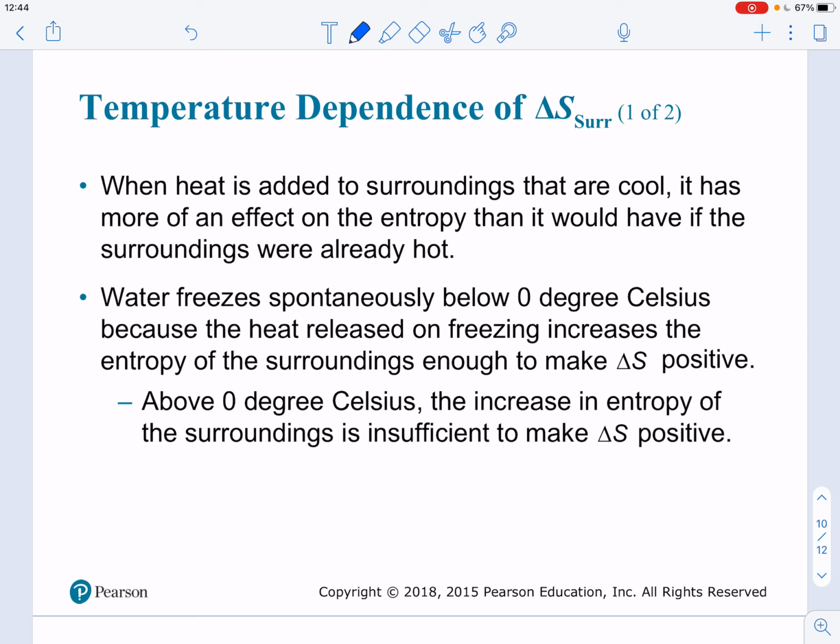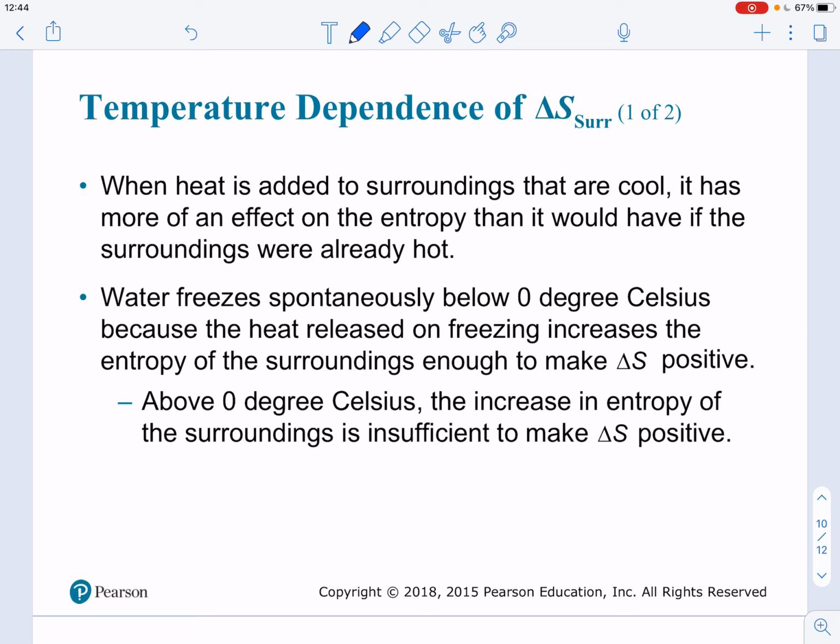And remember that energy will have a larger impact depending on at what temperature the surroundings are at a given time. So, for example, freezing of water in this particular case. If you put a cup of water on the counter, on the table, at room temperature, the water is never going to freeze.